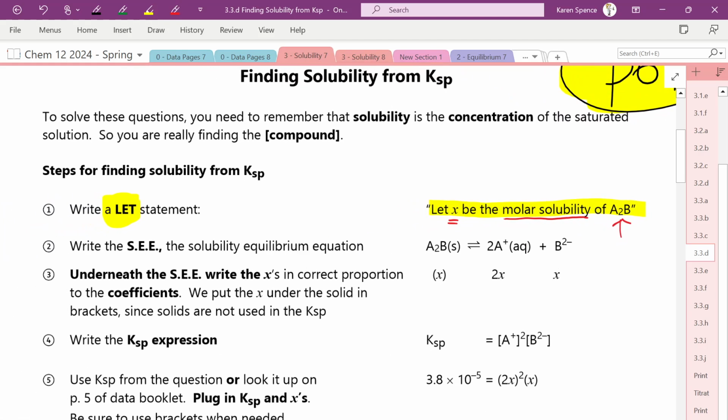And then, just like before, you write the solubility equilibrium equation. Have we met a Ksp problem where we don't write the solubility equilibrium equation? Not yet.